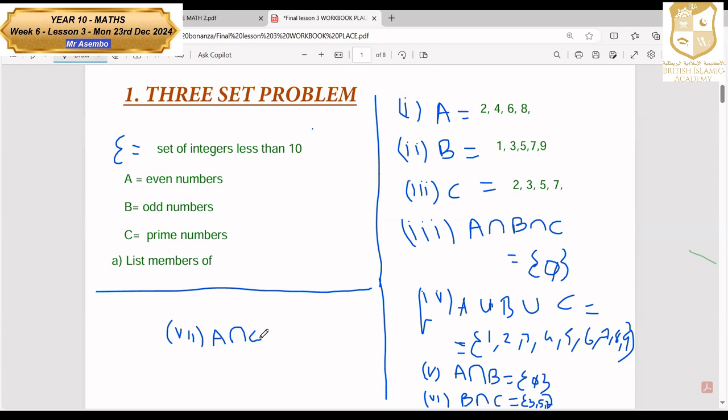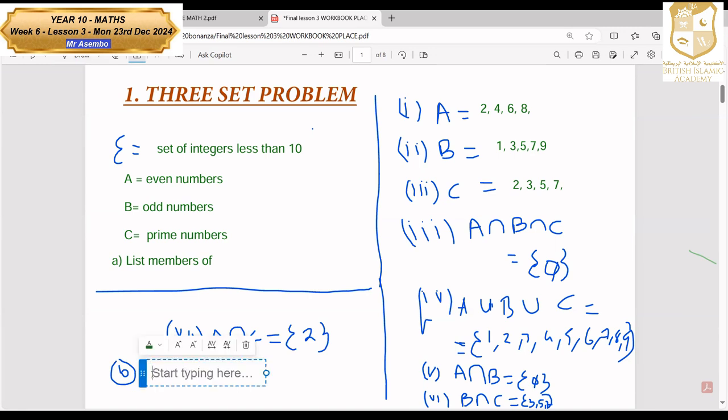Check again. It's 2. A intersection C is only 2. Okay, it's only 2. Everybody write that one first before we go to part B, which says draw Venn diagram. Everyone write that one first up to there.